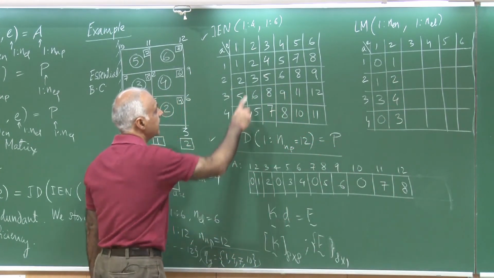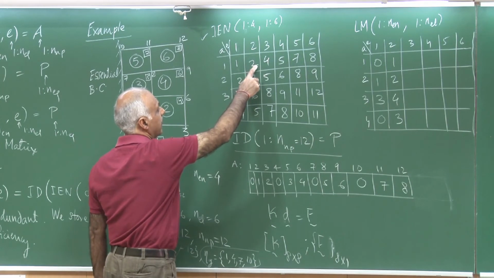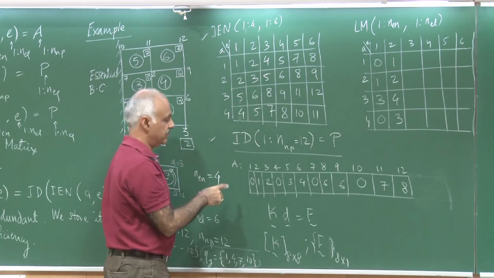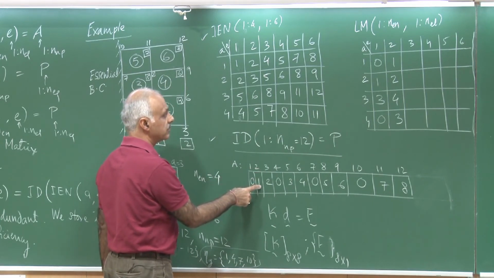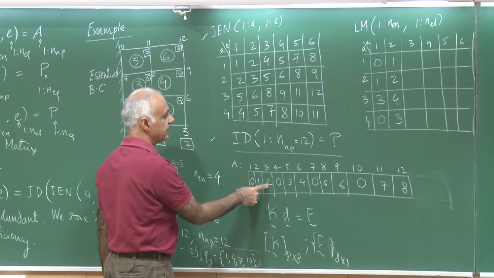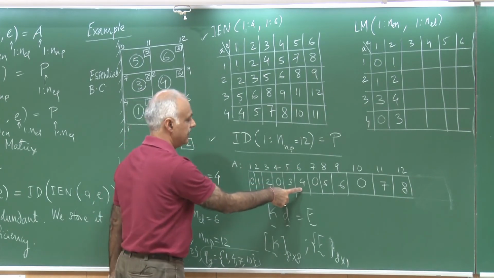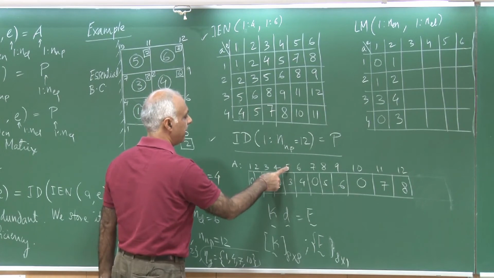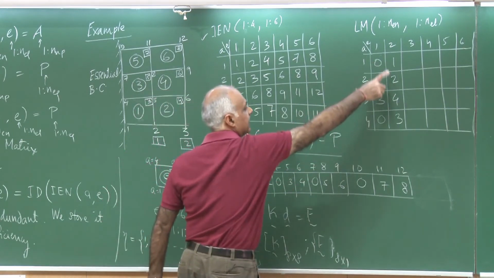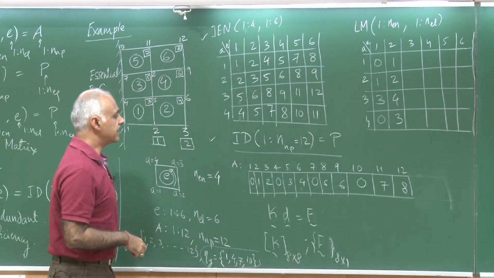You can double check that for element 2, the node numbers are 2, 3, 6, 5. Node 2 gives me 1, 3 gives me 2, 6 gives me the entry 4, and 5 gives me the entry 3, exactly what has been entered there.